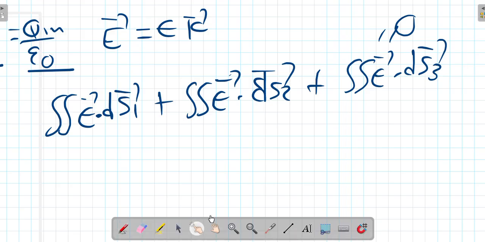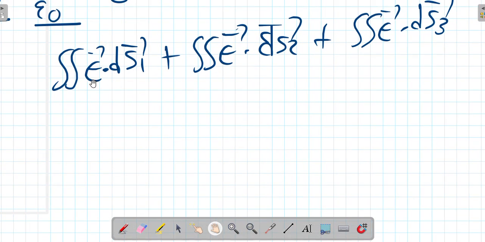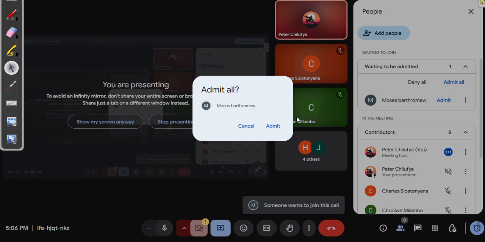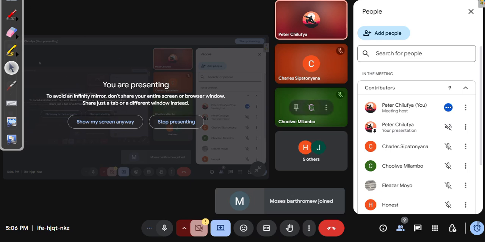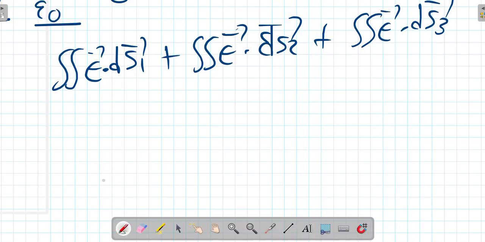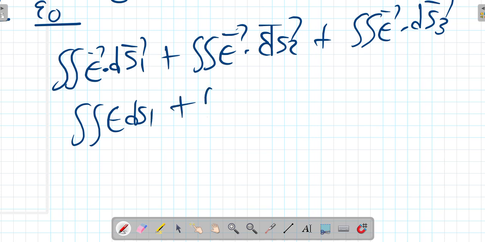And then E and the surfaces are independent. So what you can do here to convert, these are two vectors. To convert them into non-vectors, you just multiply them. I'm going to have E dS1 plus E dS2.